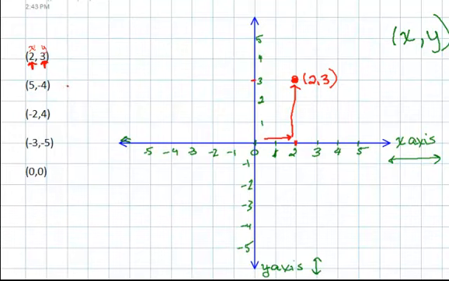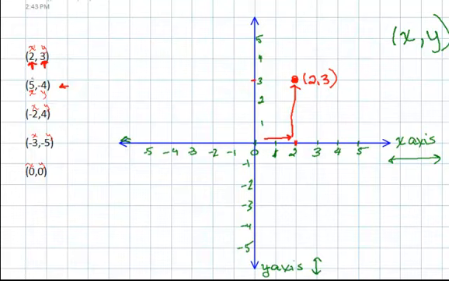So this next point, and again, let's just say this is, remember, this is the x, this is the y. I'm going to write that in for all of them. So x and y, x and y, x and y. All right, so I've got the x's and y's, and so hopefully I won't forget that.